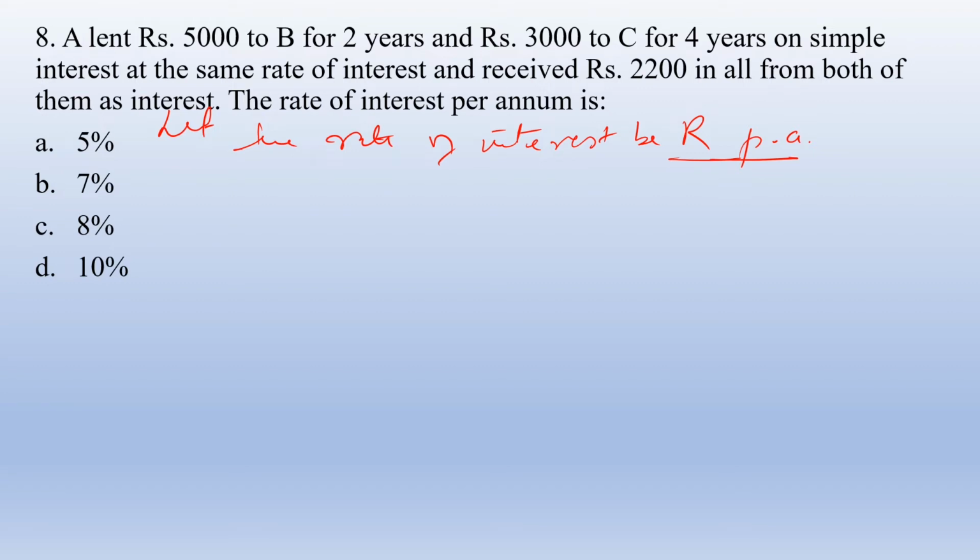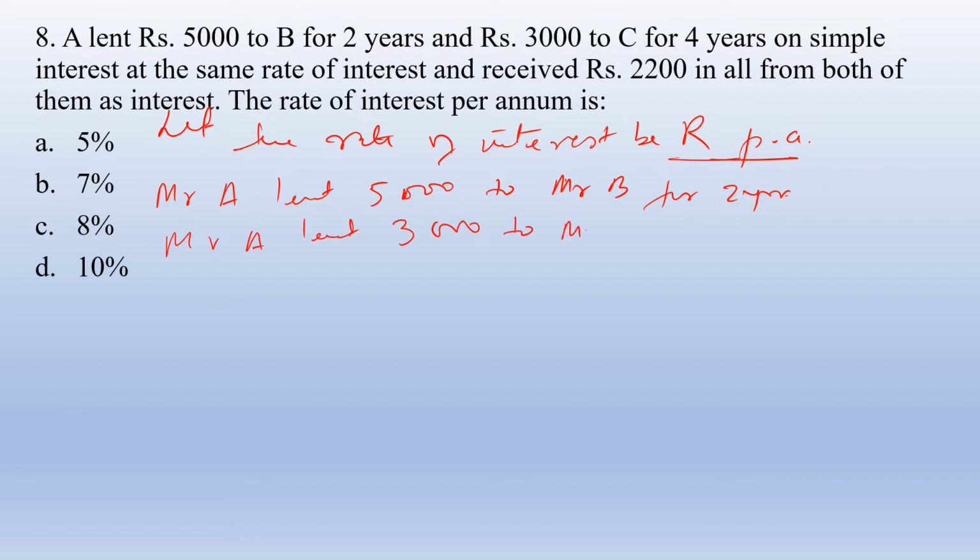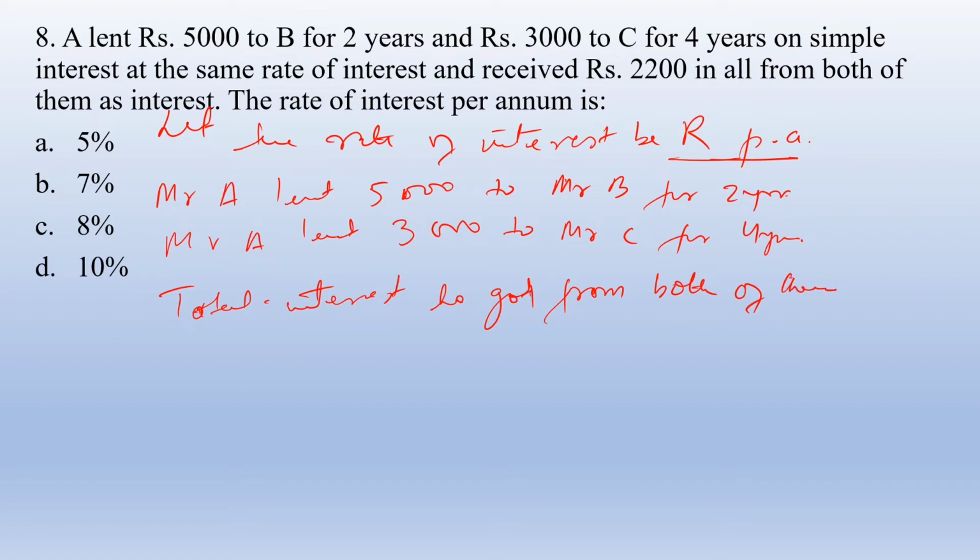So the question says Master A lent 5,000 to Master B for 2 years, and Master A lent 3,000 to Master C for 4 years, and the total interest he got from both of them is equal to 2,200.